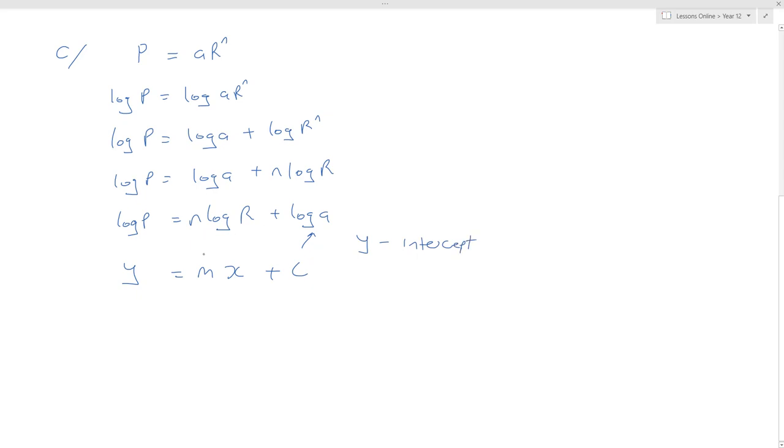And n is our gradient. So using our graph, we can determine the gradient and the intercept.